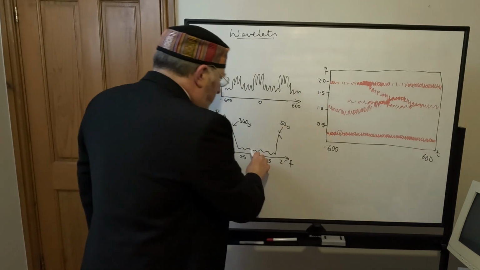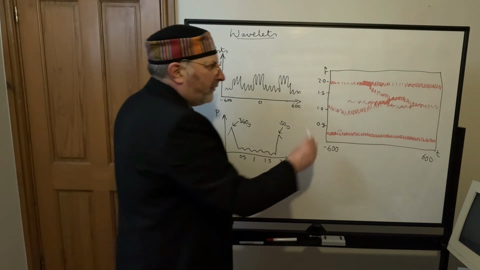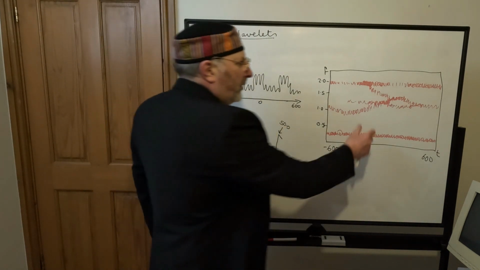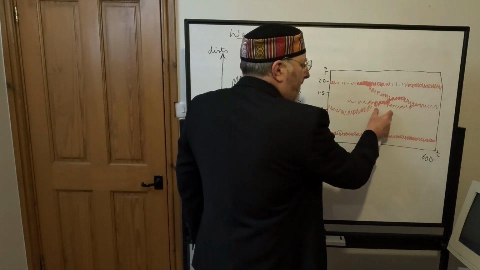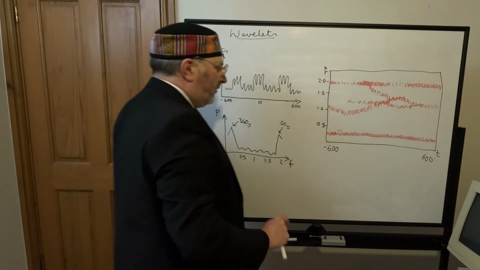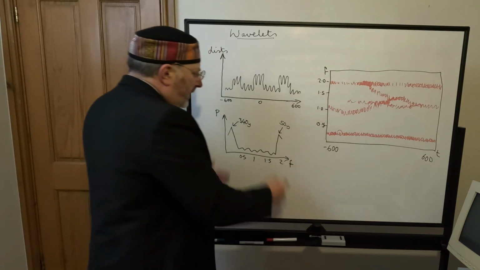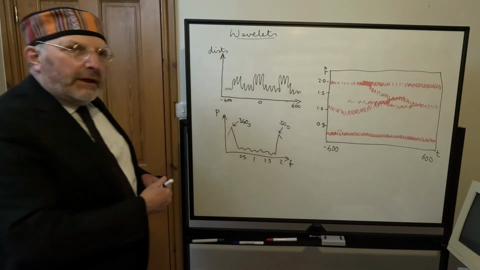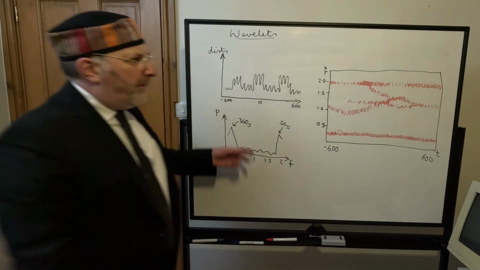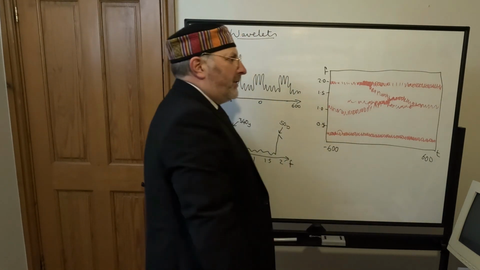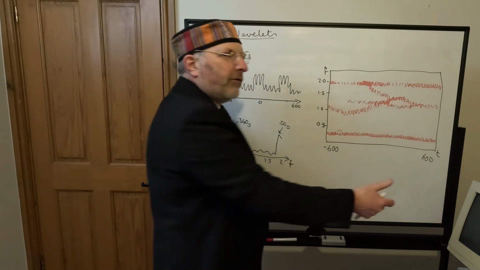It didn't necessarily come out in the Fourier analysis, but it seems to come out in the wavelet analysis, that there was a period when there was a 1-century oscillation. Because it only lasted a short time, it doesn't really come out in the Fourier analysis. But with a wavelet analysis we're more sensitive, and we can pick up that there was a shift in the behavior of the system.